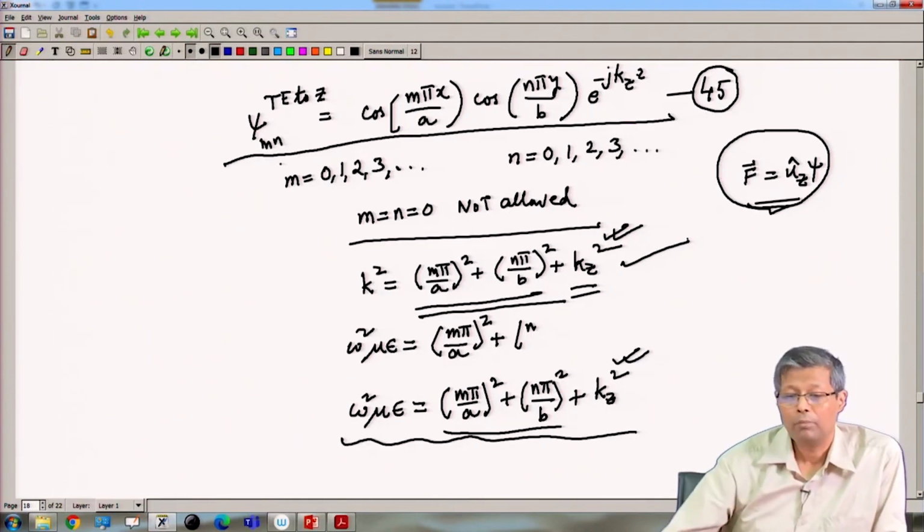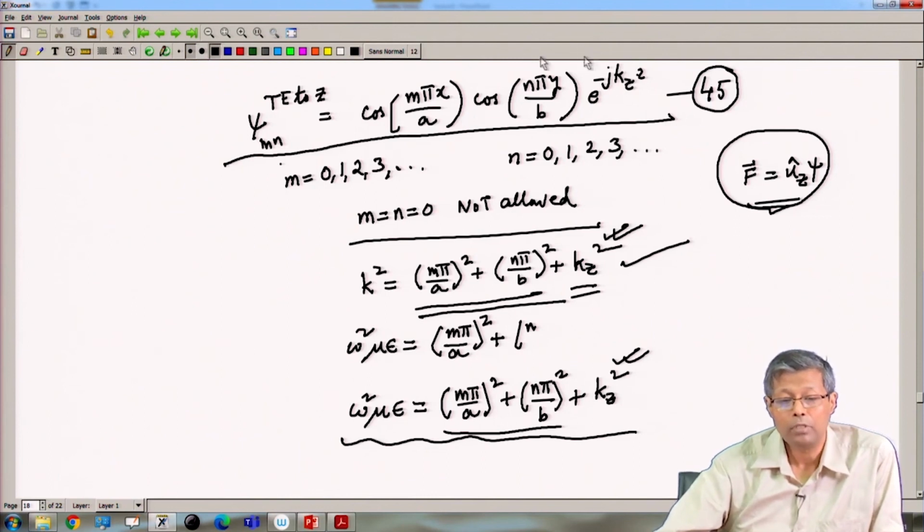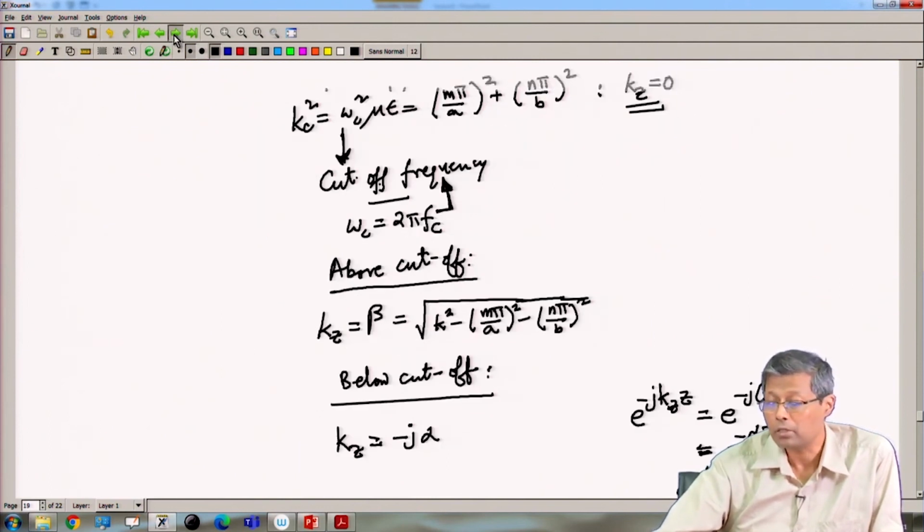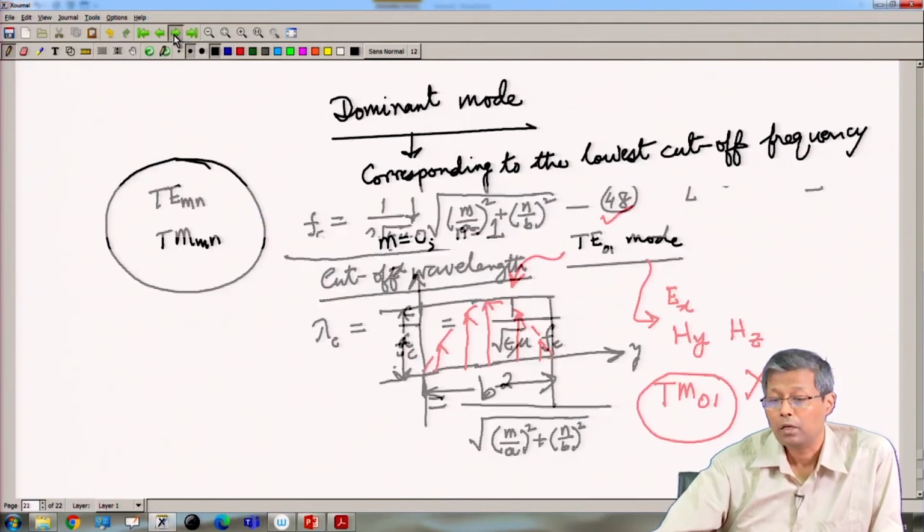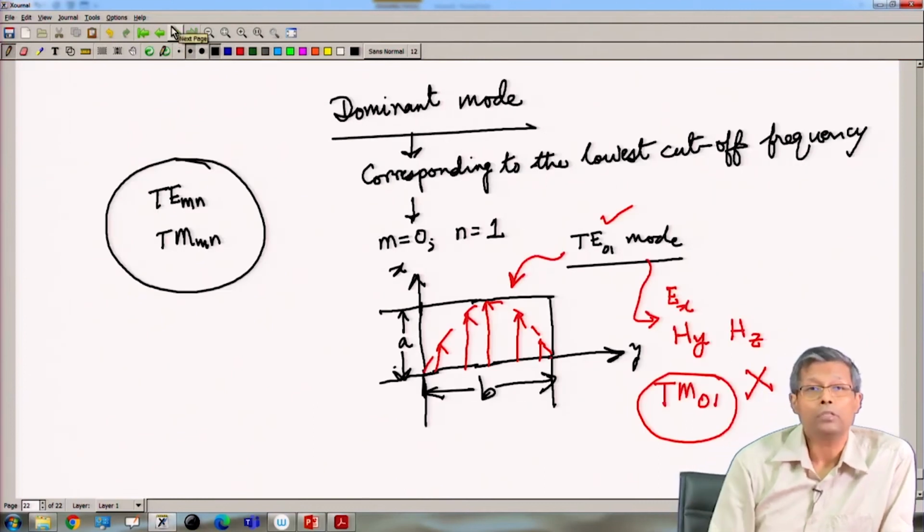Okay. But because the TM01 mode does not exist, the dominant mode is only the TE01 mode.